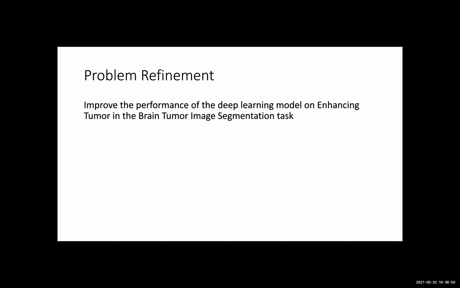I believe that by improving the segmentation DICE score on the enhancing tumor, it also helps improve the model in general. And it also has some meaning from a medical perspective, because at the end of the day, this kind of solution is helping the doctor in the treatment.